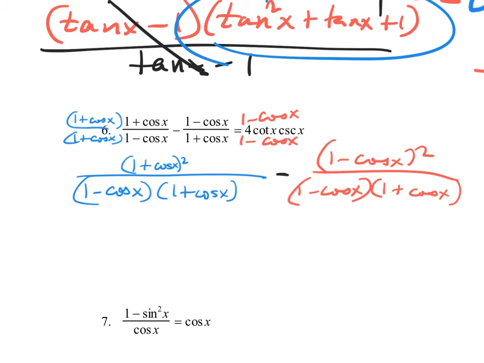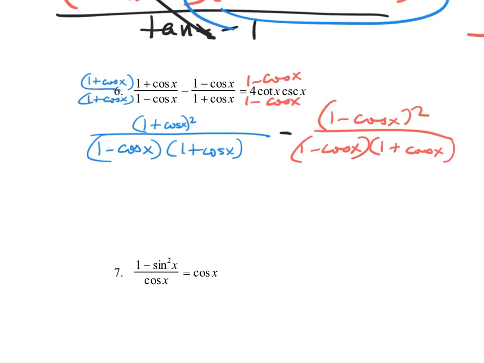All right, so now I need to FOIL my numerator. So the blue one, when I FOIL it, I end up with 1 plus 2 cosine x plus cosine squared x.